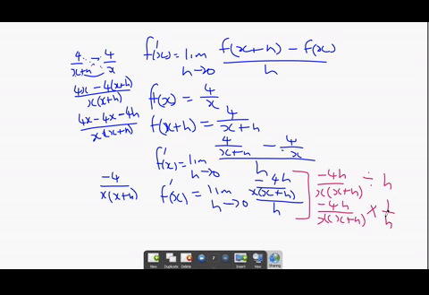Once I'm multiplying there, it means that this h and this h can cancel out. So now I'm going to continue.